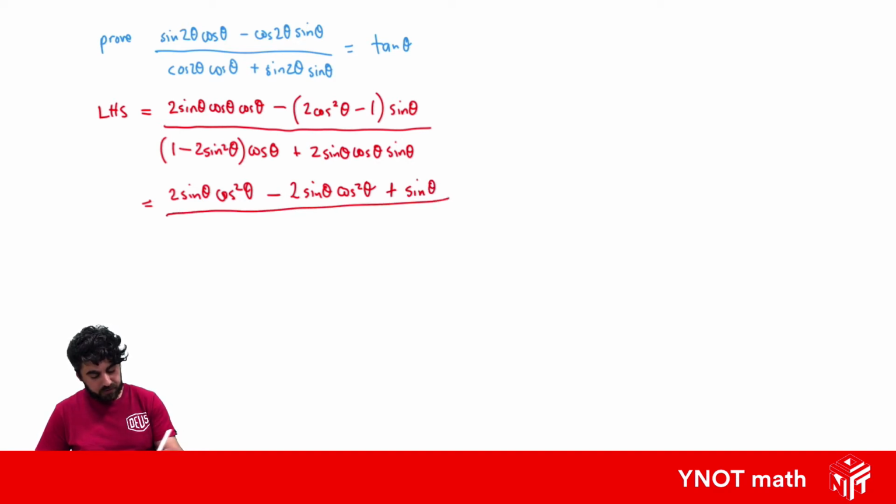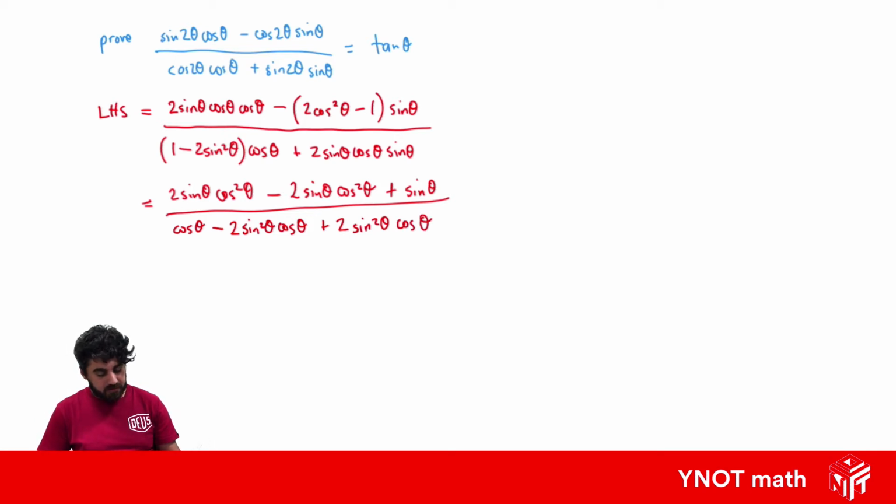It's going to be all over 1 times cos theta, which is just cos theta, minus 2 sine squared theta cos theta, expanding that out, plus 2 sine squared theta cos theta.